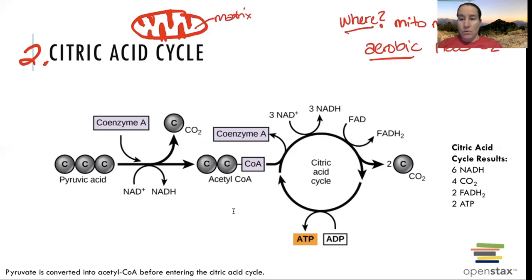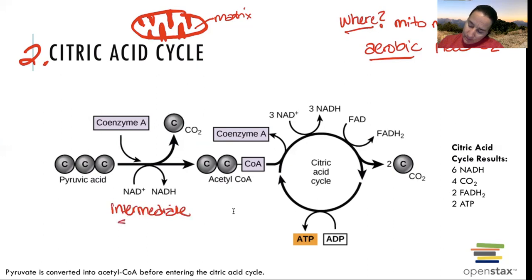Now we said that the step before this, glycolysis, produced 2 ATPs, which is great, and it produced 2 pyruvates. What are we going to do with those pyruvates? That's this step here. So we're going to take those pyruvates, and this little step here is technically called the intermediate step.